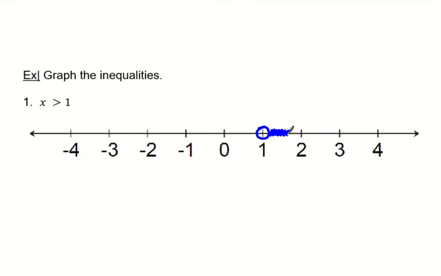But literally everything to the right of this number, including 1.0000001 and stuff like that. And so we're going to shade everything to the right of this number, but we're not going to color in this circle because 1 does not count as an answer in our graph of x greater than 1. All these numbers.